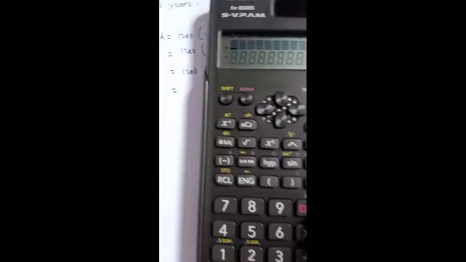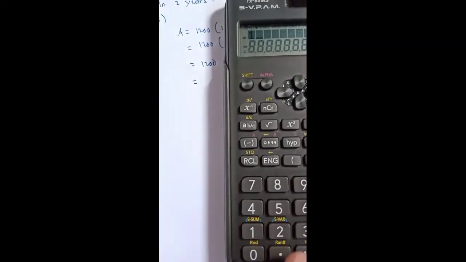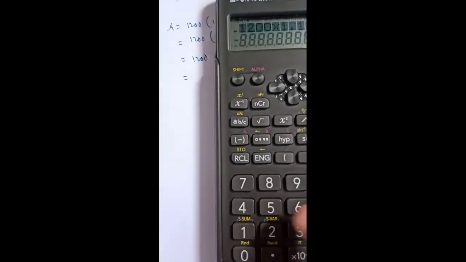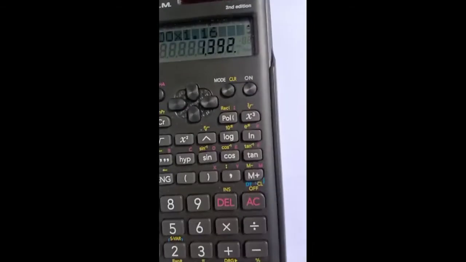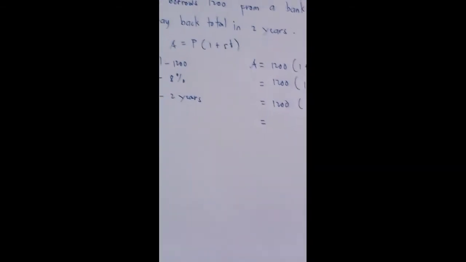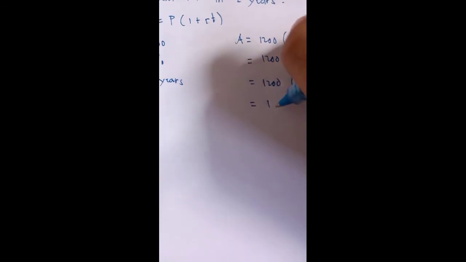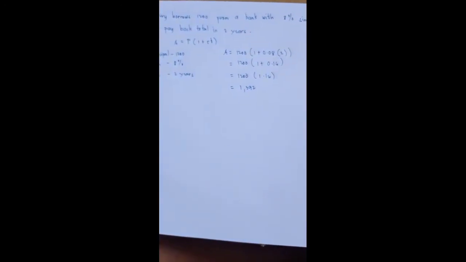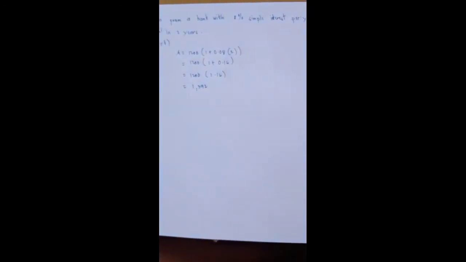After that, multiply 1,200 times 1.16, and that will be 1,392. And that's it. That's how you get the interest per year.